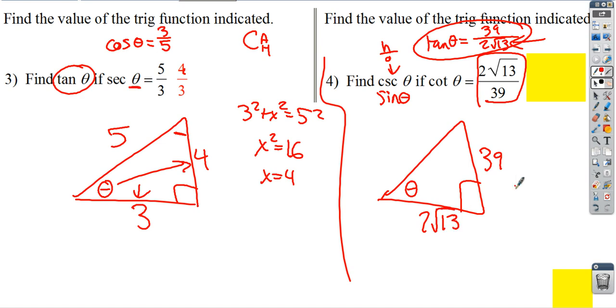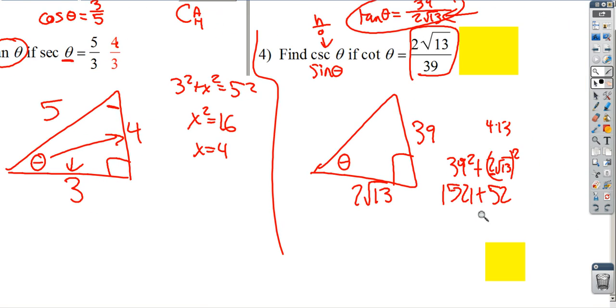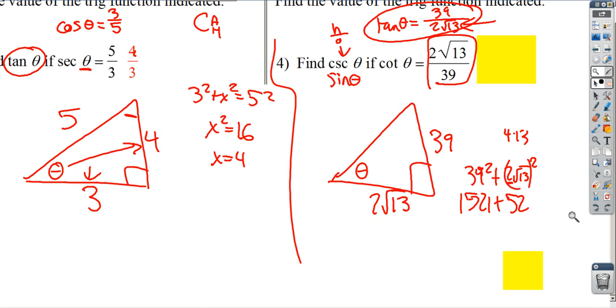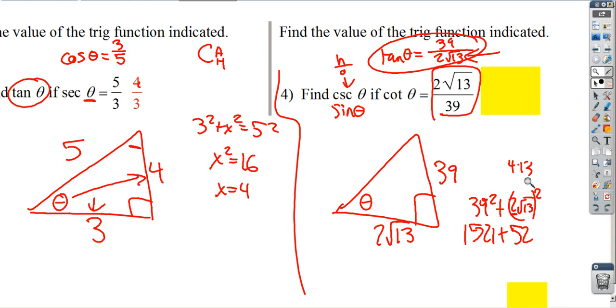And then we'll use the Pythagorean theorem again. So 39 squared plus 2 radical 13 squared. 39 squared is 1,521. 2 radical 13 squared, 2 squared is 4, and radical 13 squared is just 13. So 4 times 13 would be 52. And then when we add those together, we should get 1573.